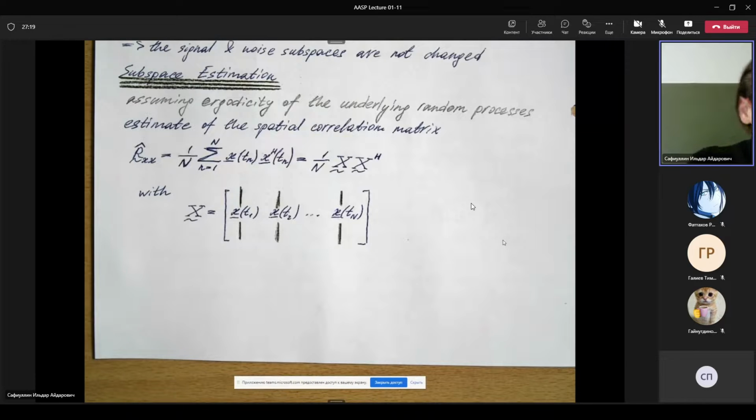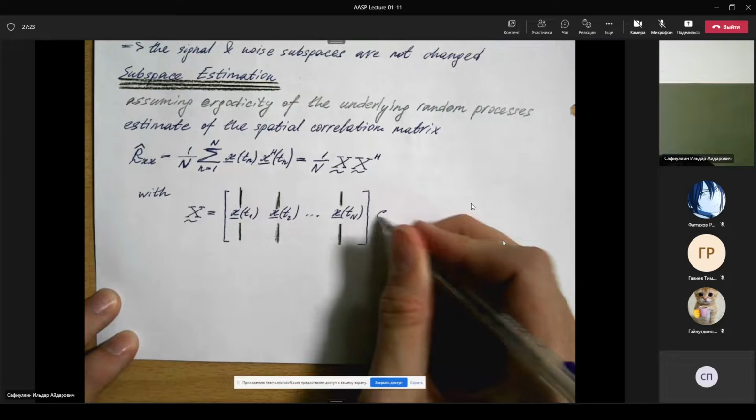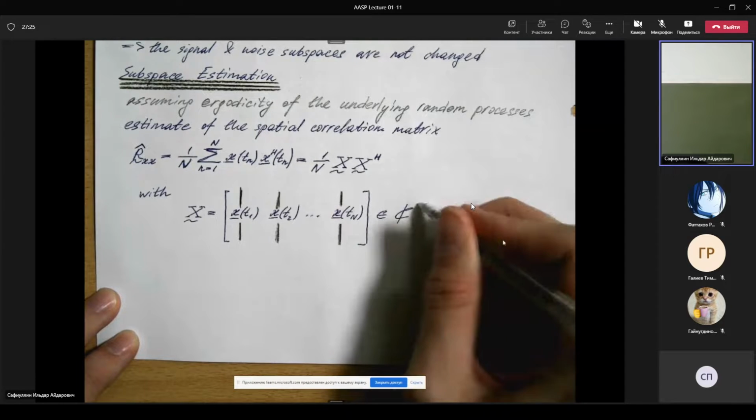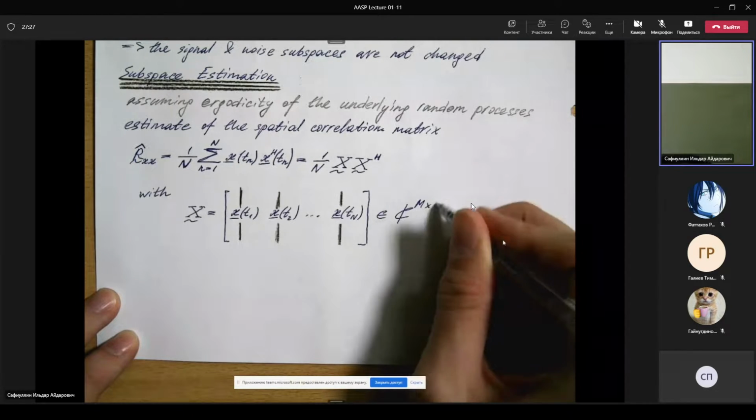We think of size m times N, complex m times N.